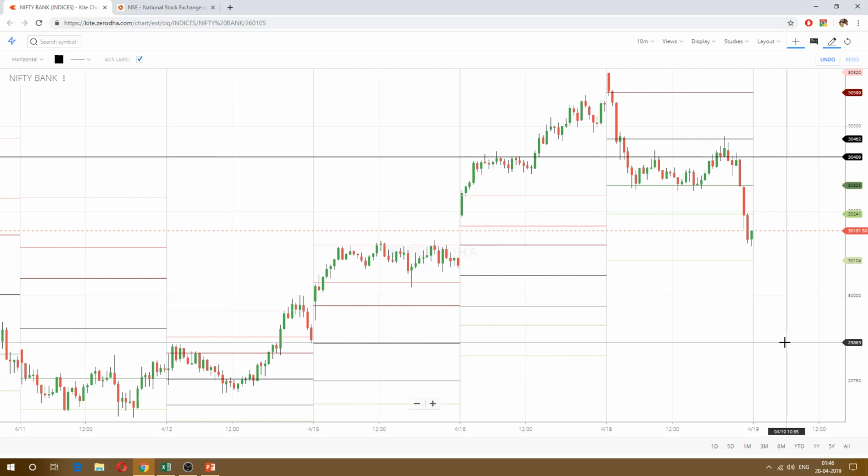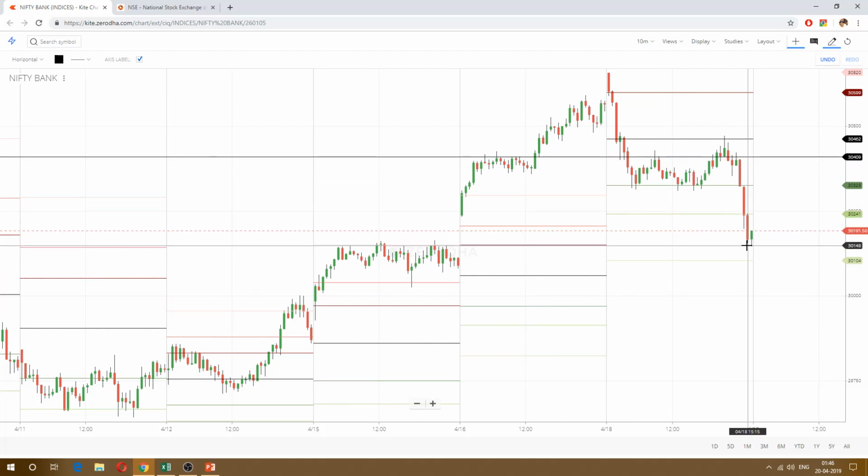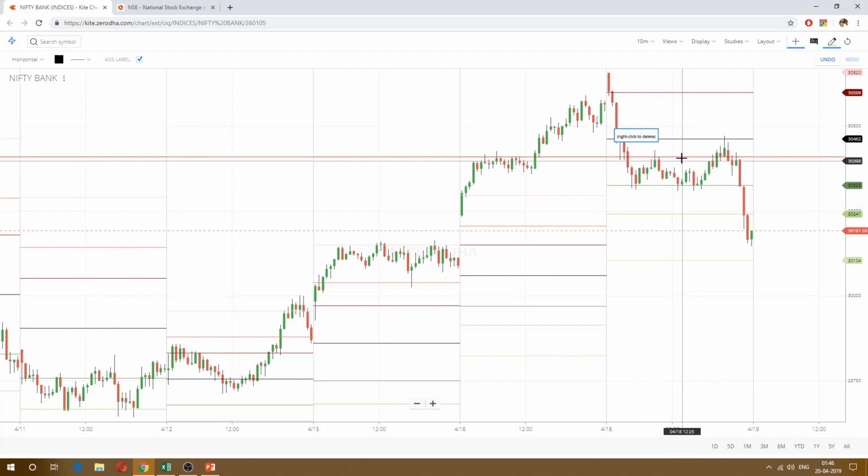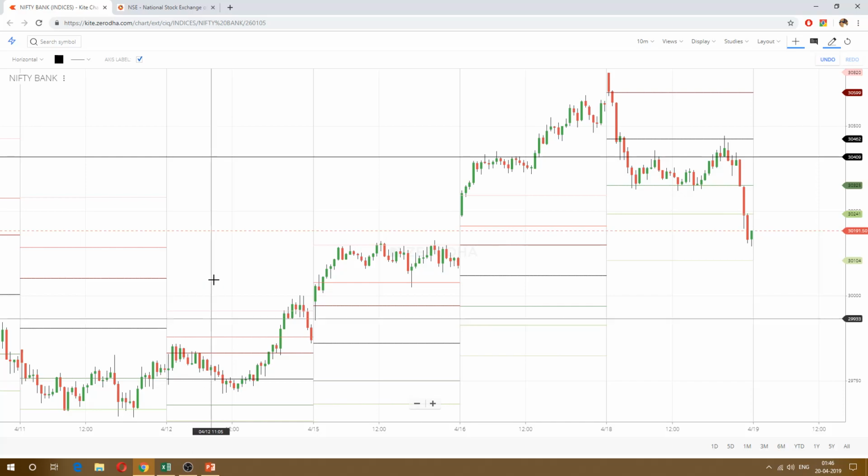Bearish bias doesn't mean that it can't go long. If there is good news in the market or economy, something positive happens, then obviously markets will go up. But as of now, technically, Bank Nifty should have a bearish bias on Monday, because it closed below CPR. Okay, that's one way to do the trend analysis.